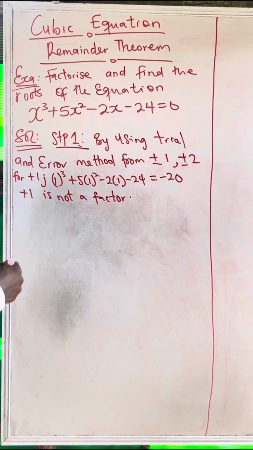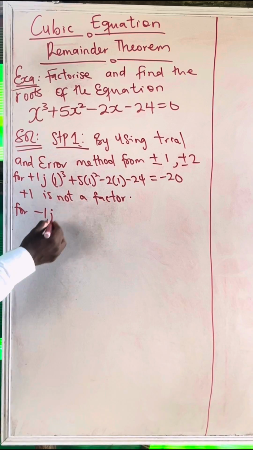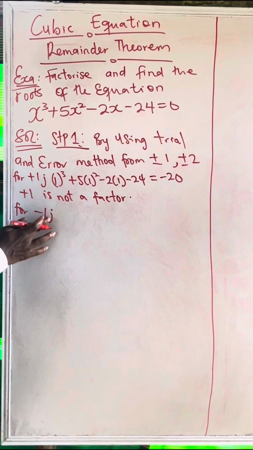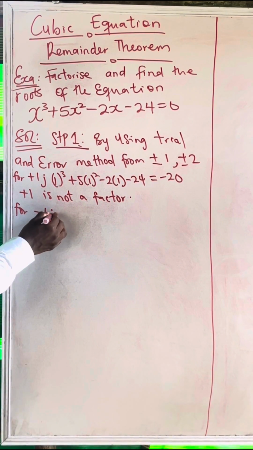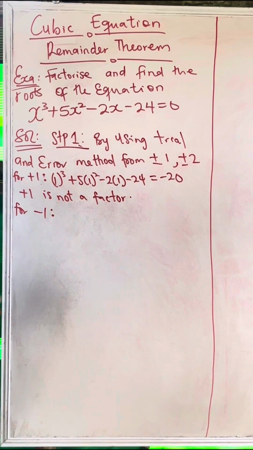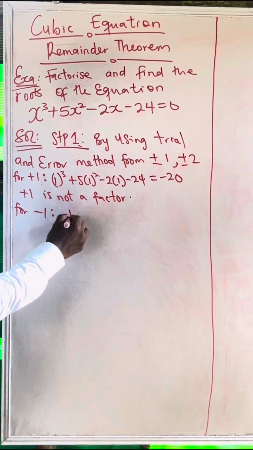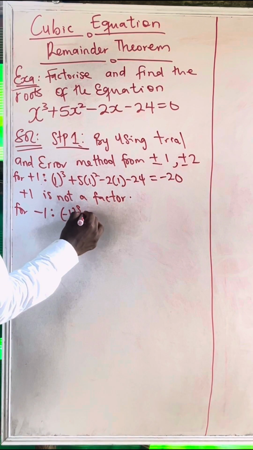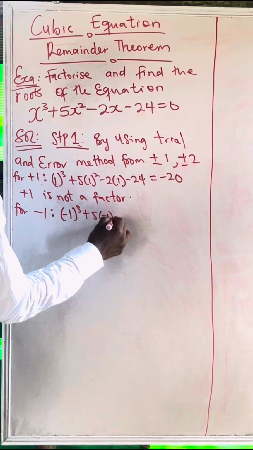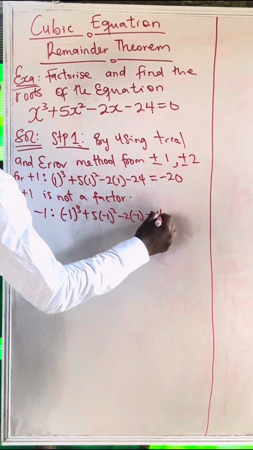So I firstly did plus 1, now I will go for minus 1. For minus 1, I'm going to substitute minus 1 into this expression. Now let's go, guys. Minus 1 all raised to power 3 plus 5 times minus 1 squared minus 2 times minus 1 minus 24.